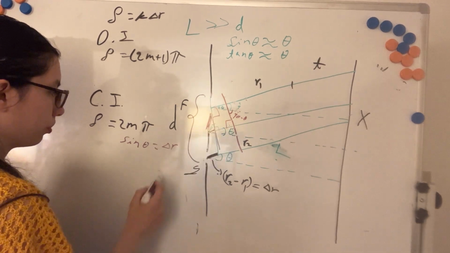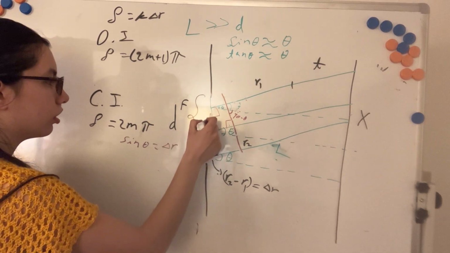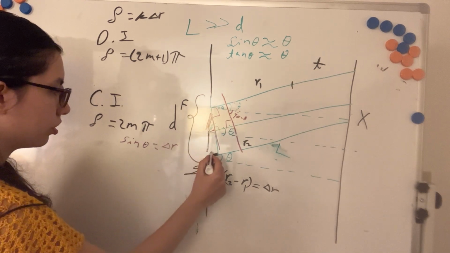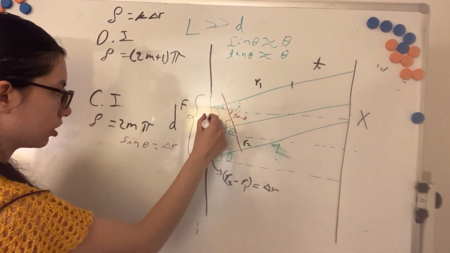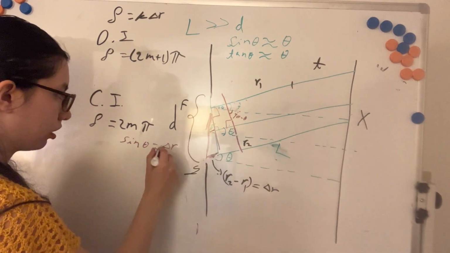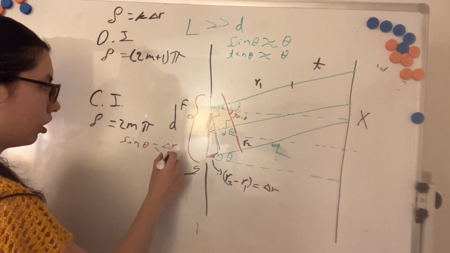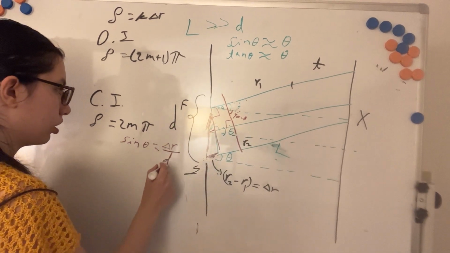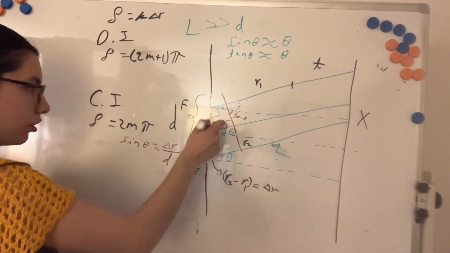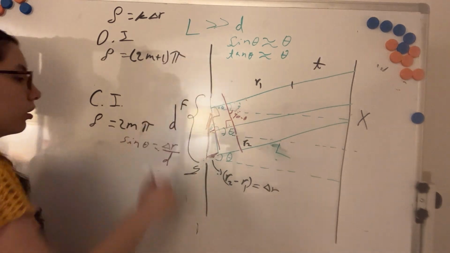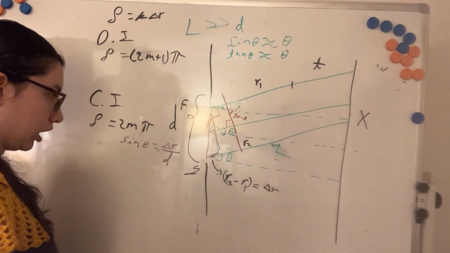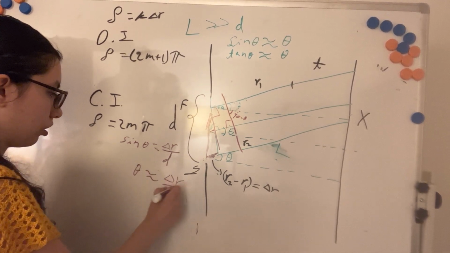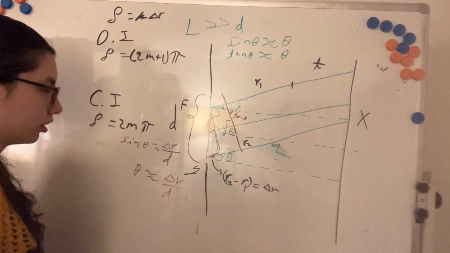This triangle, so this is the delta r, and this is d. I noticed my triangle is not drawn to scale, but I should have drawn it all this way. So this is sine theta, and by the small angle approximation, you could say that theta is delta r over d.